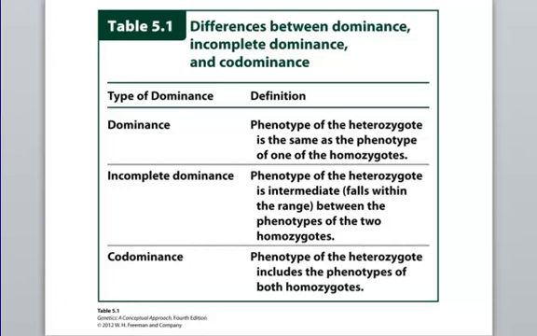Now, in codominance, you have both alleles that are expressed, as it was the case in the heterozygous form of cystic fibrosis at the cellular level, and also in the case of the AB blood group.